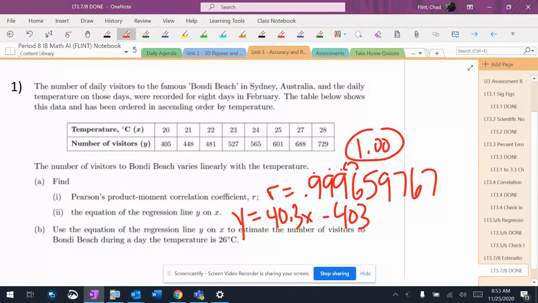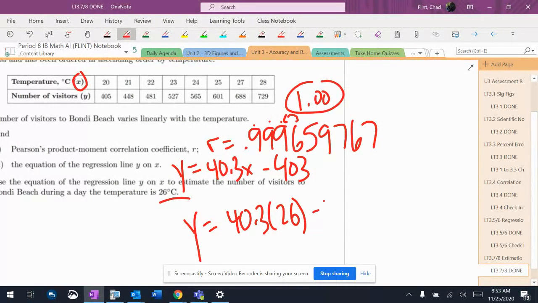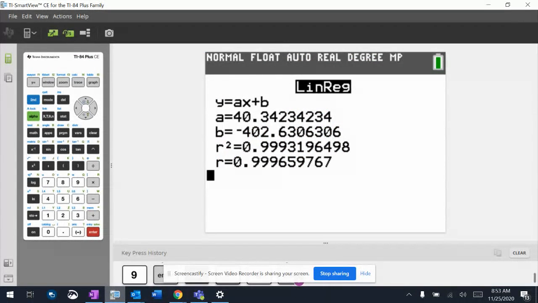And then it says, use the equation of the regression line to estimate the number of visitors during a day where the temperature is 26 degrees. All right, so 26 degrees. So y equals, degrees is the x value, 40.3 times 26 minus 403. Okay, so just type that into the calculator there.